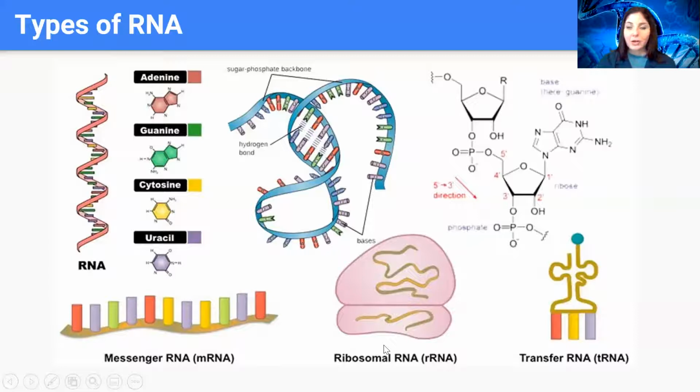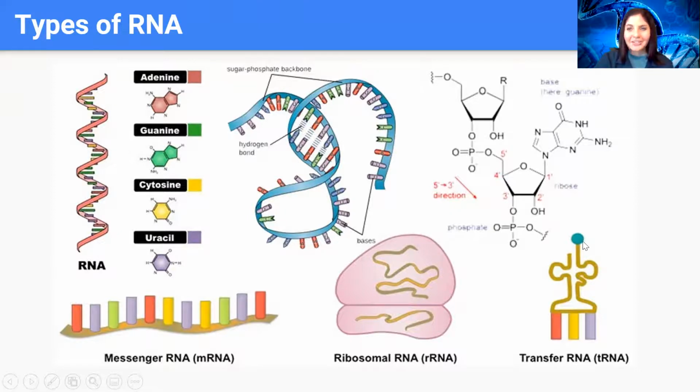Now, ribosomes are composed of rRNA, or ribosomal RNA. So messenger RNA will come over to the ribosome, and then we have tRNA, our transfer RNA. Transfer RNA carries the anticodon, which will match up with 3 nucleotide bases on the messenger RNA strand. Those 3 nucleotide bases on the messenger RNA strand are called codons. So the anticodon will bind with the codon through hydrogen bonding.